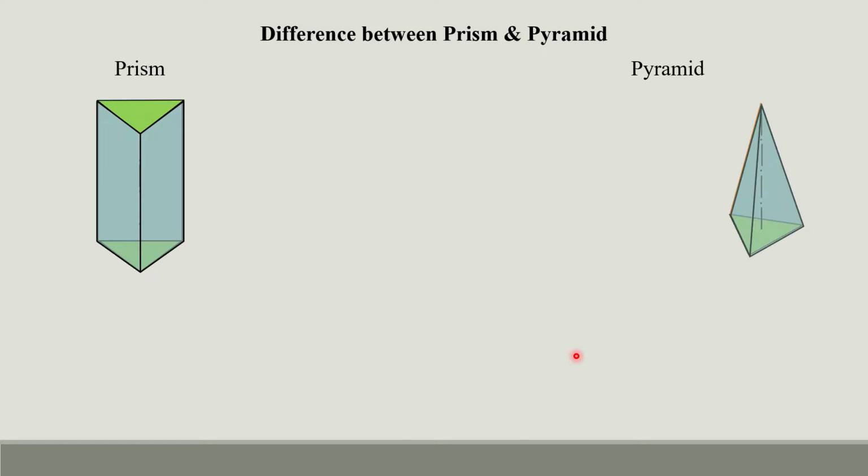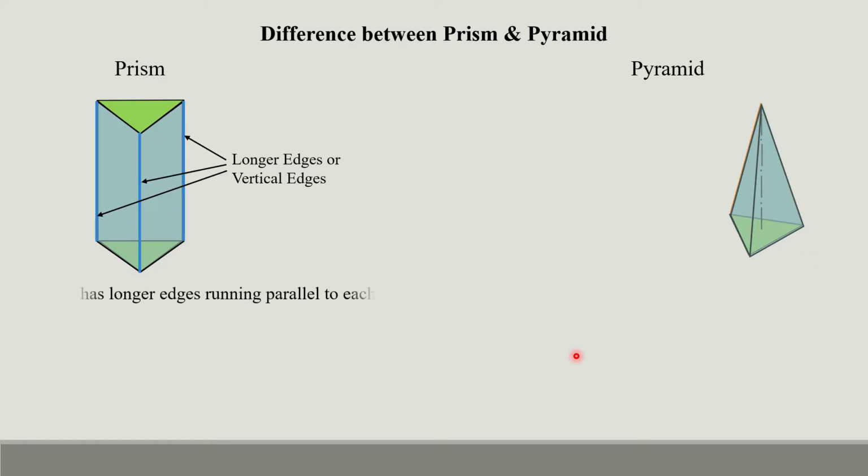Now, the difference between a prism and a pyramid. Even though they are both categories of polyhedron, there are some differences. So let us take an example of a triangular prism and a triangular pyramid. I'm keeping triangular the same in order to understand the differences. These are the vertical edges, called longer edges or vertical edges.